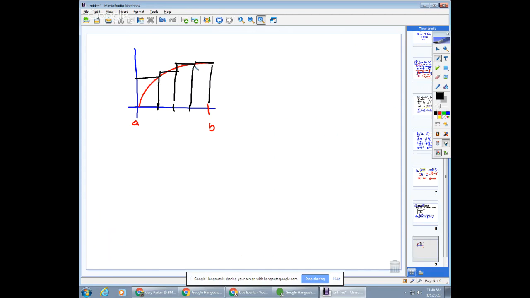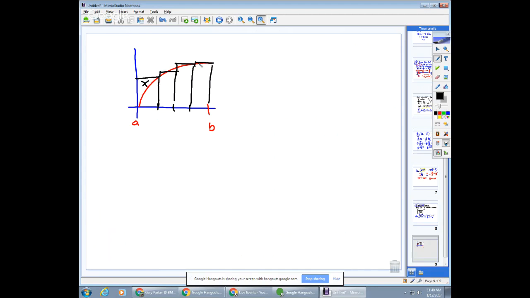Okay. Do you notice that as I move along here with the rectangles, and let's see, I kind of missed on that one right there. Oh well. When the curve is steeper, I get a lot of extra space I don't want. And when the curve is shallower, I don't get much extra space at all.